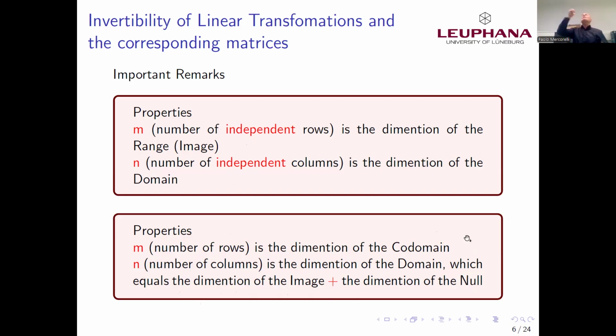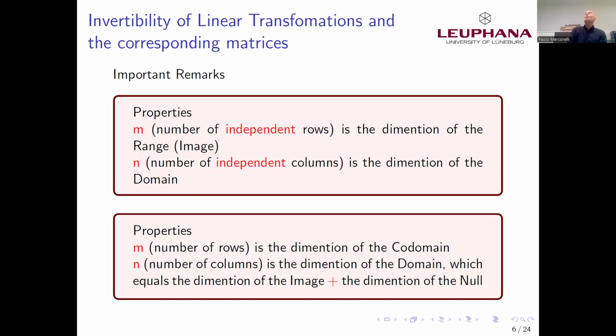You remember, I tried to interpret the nullity theorem. The dimension of V, the domain, equals the dimension of the kernel plus the dimension of the image. This means what I have in the domain is transformed into the image or into the kernel. If the kernel is 0, in this case we have an injective transformation, because, roughly speaking, I don't annihilate anything in a subspace, since 0 is transformed in 0, but not other elements.